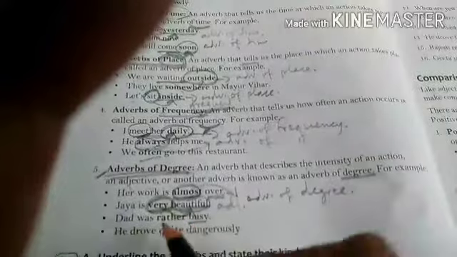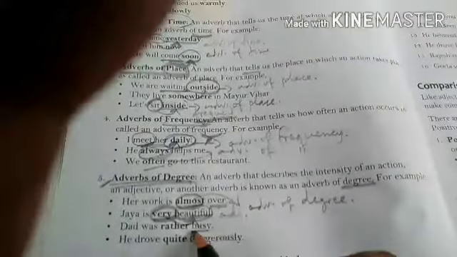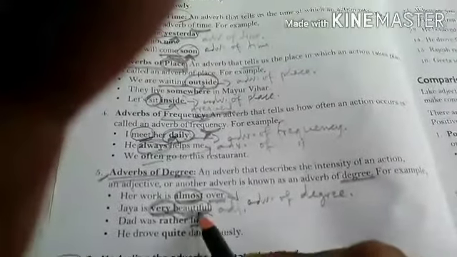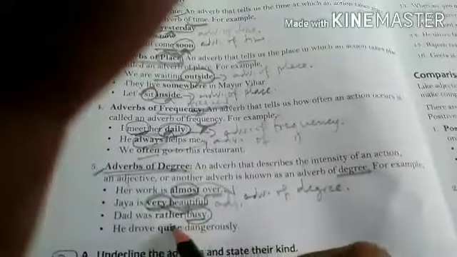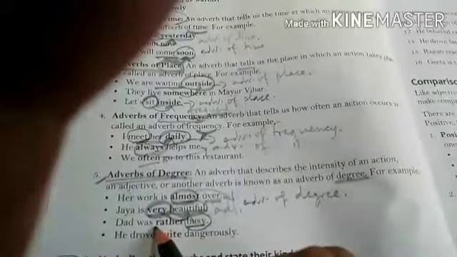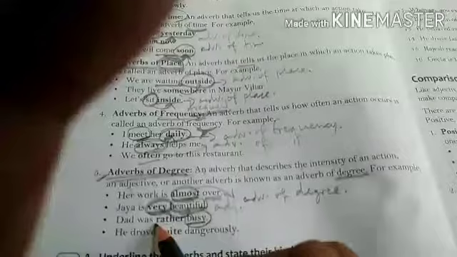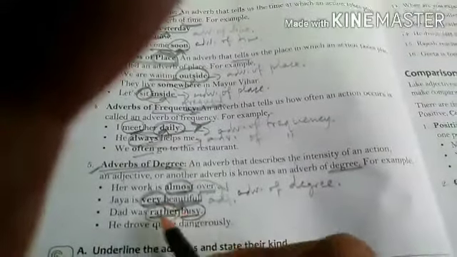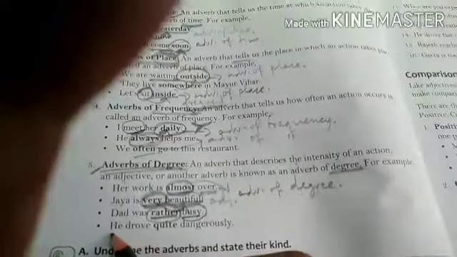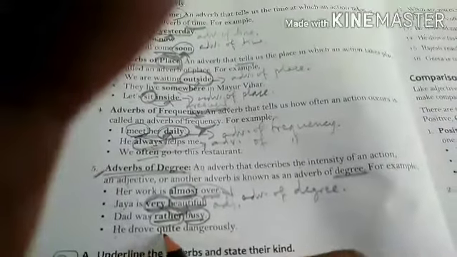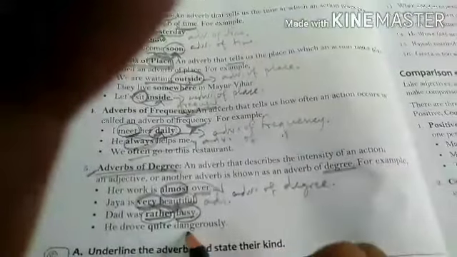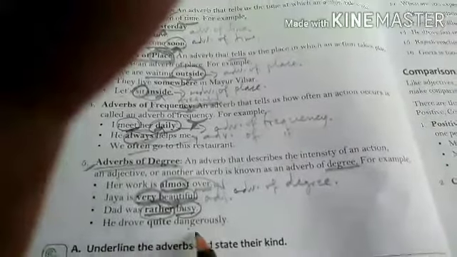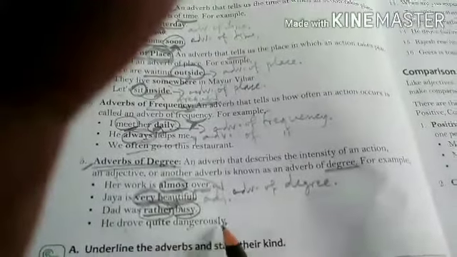Dad was rather busy. Rather busy. Okay, so here busy is adjective here. So how much is my father busy? Rather busy. Okay, so rather is the word that qualifies adjective here. Now see here, he drove quite dangerously. If you write he drove dangerously, then also the sentence is correct.